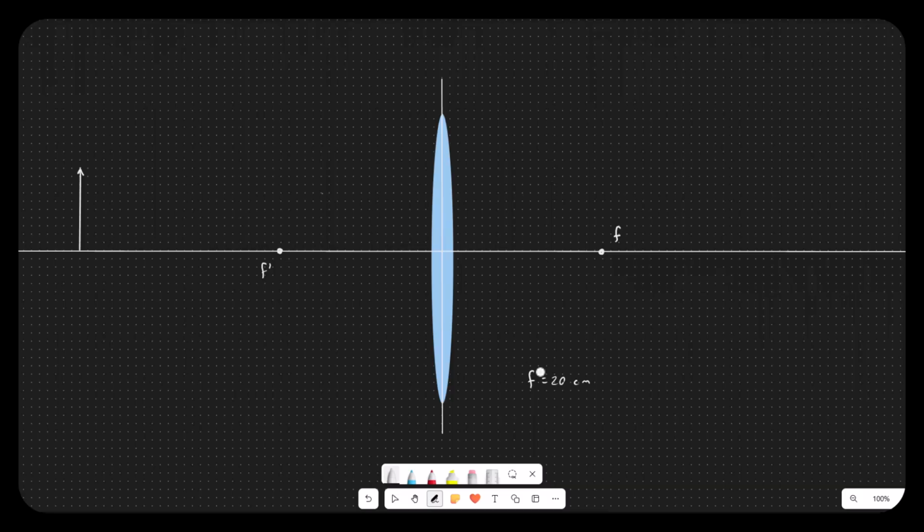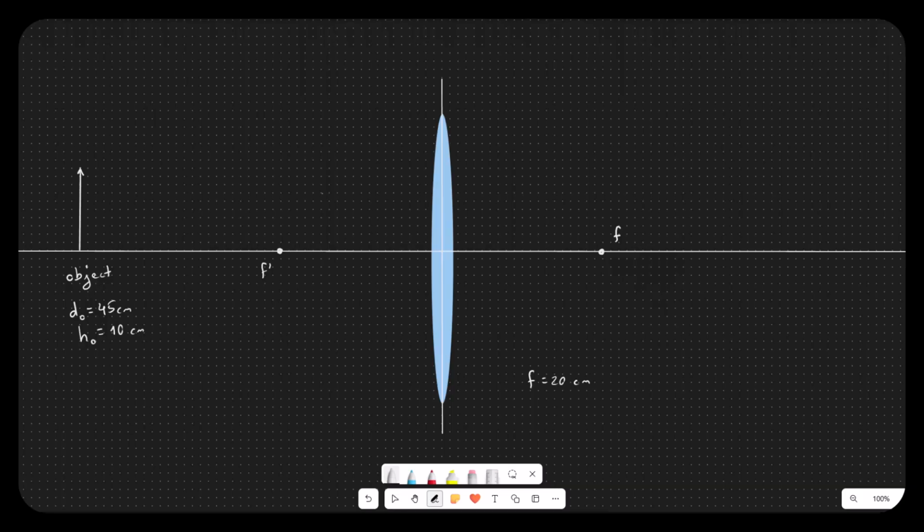So what I've got is a focal length of 20 centimeters. I've got my object out here. My D object, that's my object distance from the lens, is going to be 45 centimeters. And my H object, which is the height of this thing, I made 10 centimeters tall.